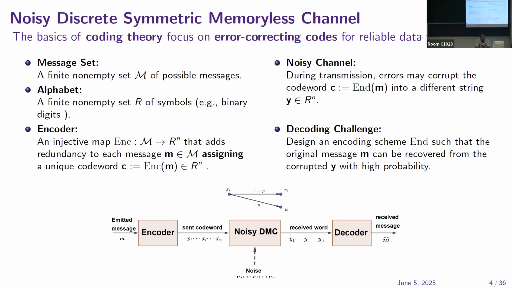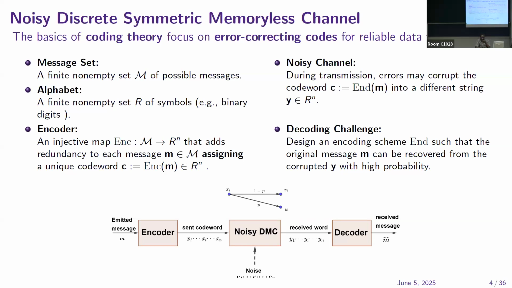We have the encoder. The encoder is an injective map from the message set to R power n.